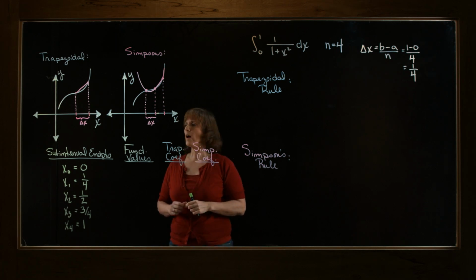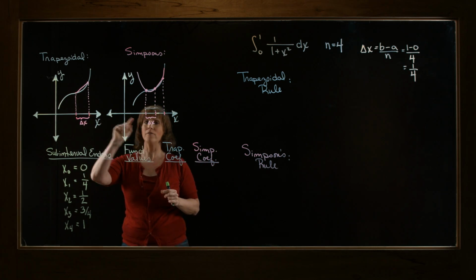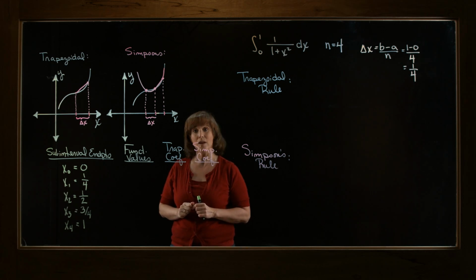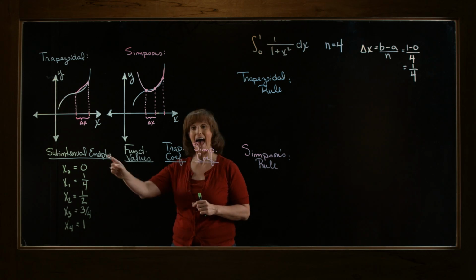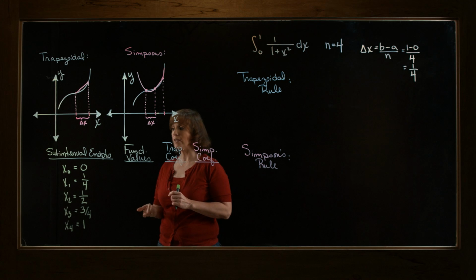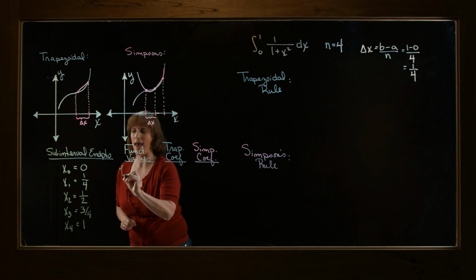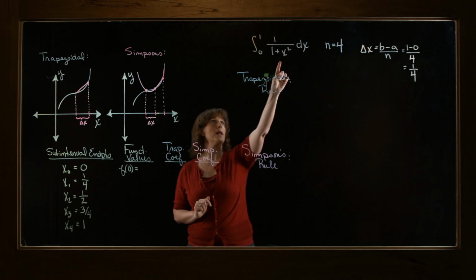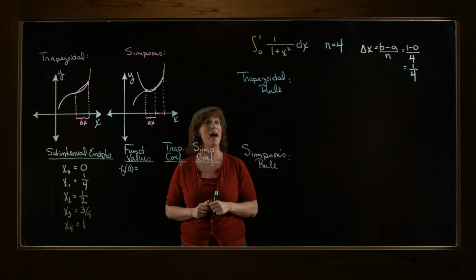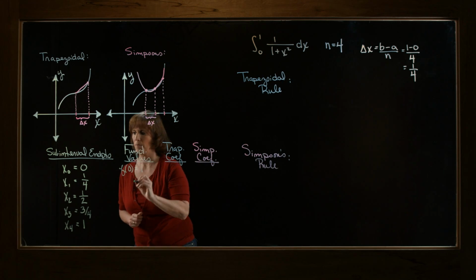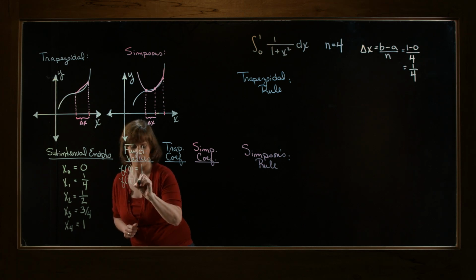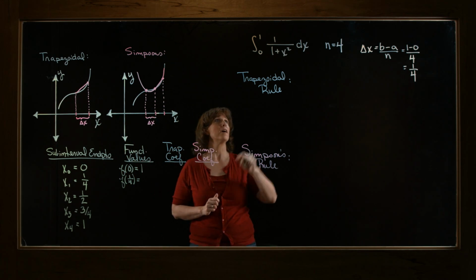I've really just marked off those endpoints of my subintervals. What I really want are the function values at those locations. So let's go ahead and find out what f of 0 is. F of 0, when I plug it into my function, I'm going to have 1. F of 1/4, let's see.